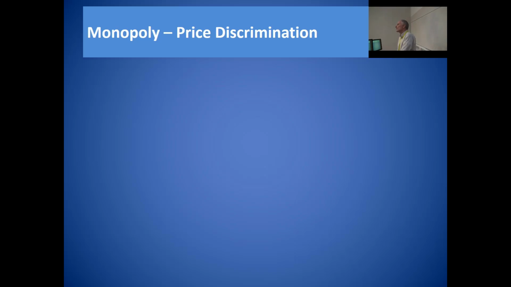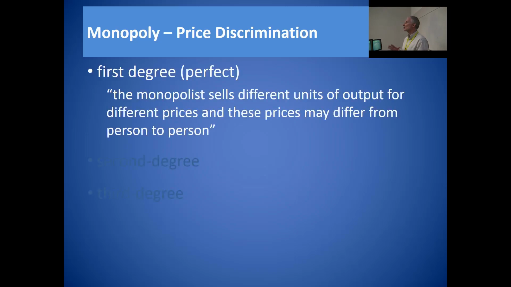What would happen if the monopolist is able to practice price discrimination? If it's able to charge different prices to different customers. Now, there are 3 different types of price discrimination. Rather than copying them down, they're all on the handout there for you, so I'll quickly run through them.